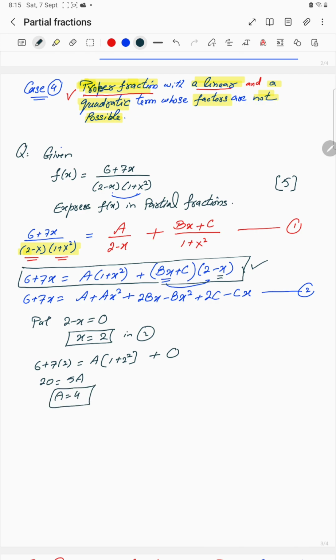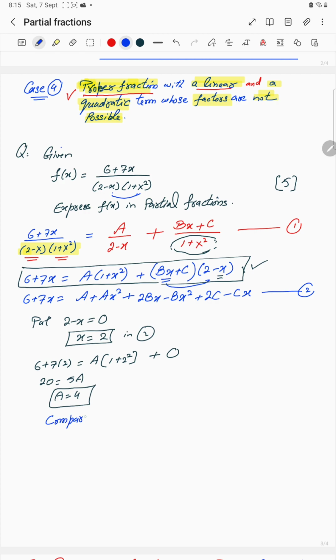For an unfactorizable quadratic term like this, we never substitute it equal to 0. In such cases, we need to do comparison.